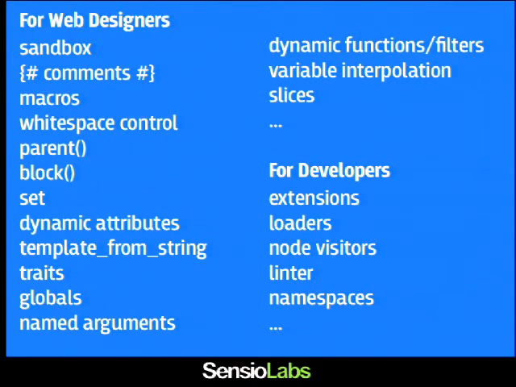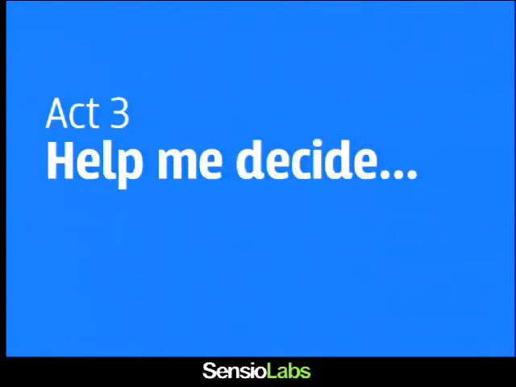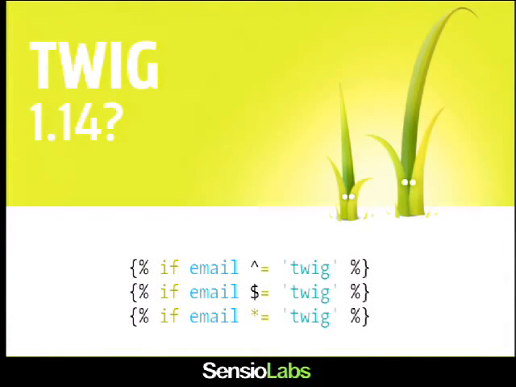And as there are quite a few people in the room here, I'm currently working on Twig version 1.14 or something. And I'm wondering if adding new operators like this one is actually a good idea or not. How many of you can understand what they do?